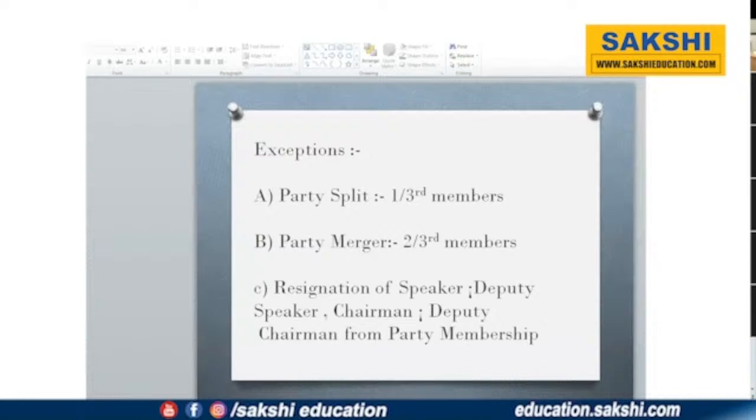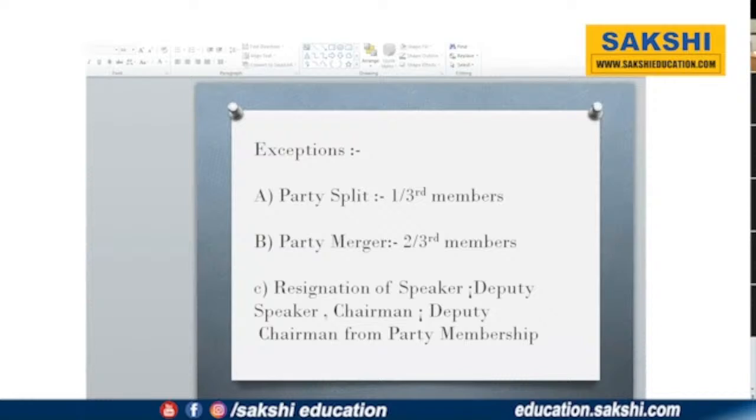If a member of party X has been elected as a speaker of a house, or a deputy speaker, or a chairman, or deputy chairman of a house, he has to resign his primary membership of that particular political party, because, as we know, this position of the speaker, deputy speaker, chairman and deputy chairman is neutral, and it should not be inclined to any of the political parties.